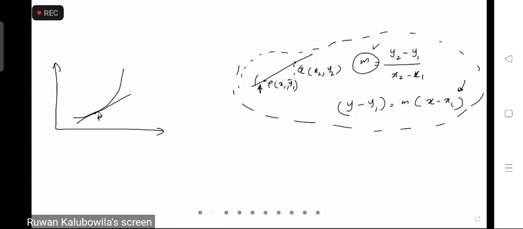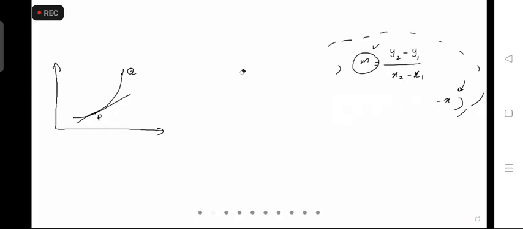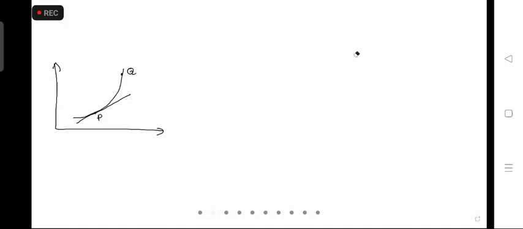So in calculus, how to do this? I mark another point on this curve, called Q. I will delete this extra part. On the curve, now you have two points.